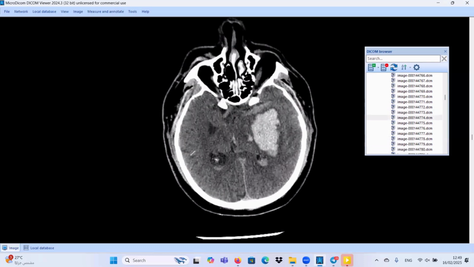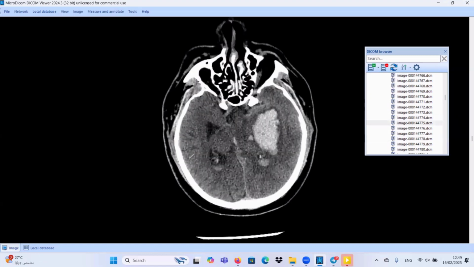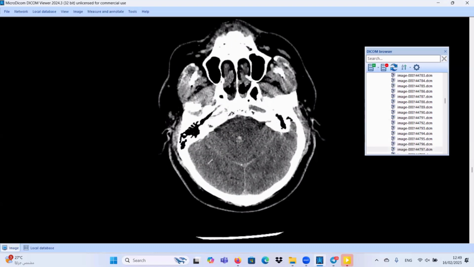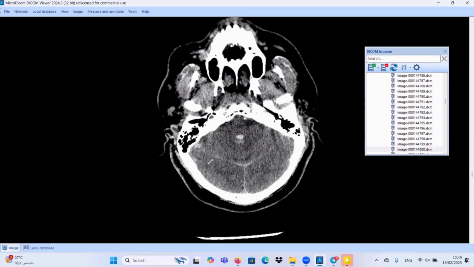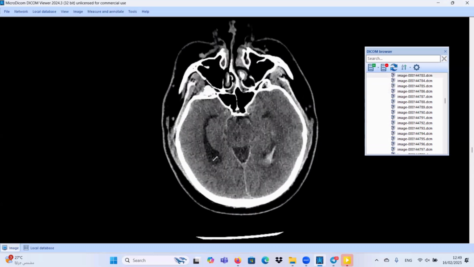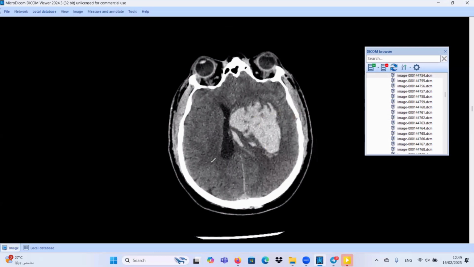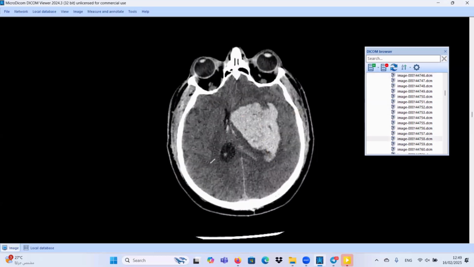Also, we have here inside the third ventricle extension of the hemorrhage, also inside the aqueduct of Sylvius, and also the intraventricular hemorrhage extends to the fourth ventricle. So this is secondary intraventricular hemorrhage. It's not primary because it is an extension from the intracerebral hematoma.